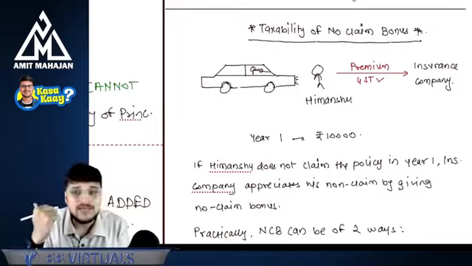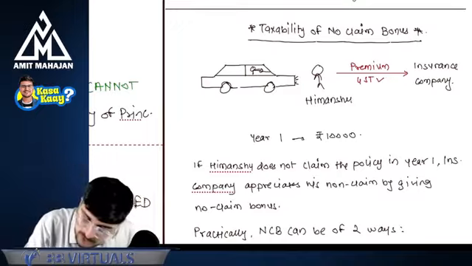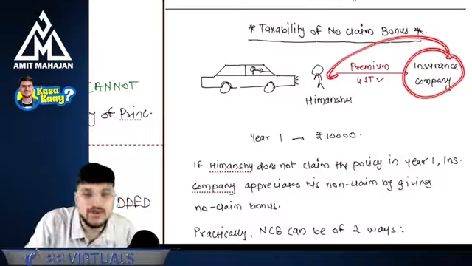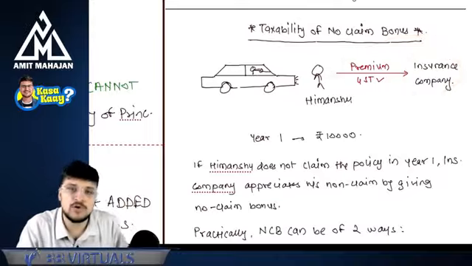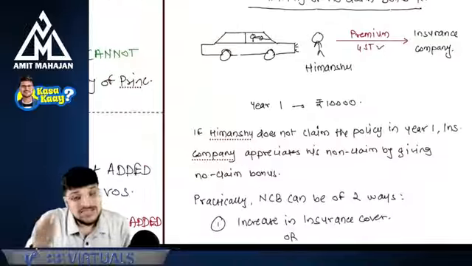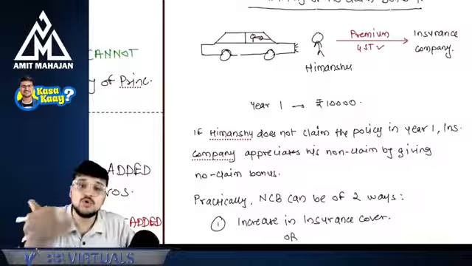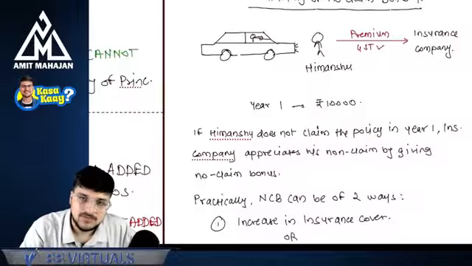Insurance company gets happy. Insurance company says, wow, amazing, there is no claim from insurance. And that's why the insurance company wants to give some kind of reward to Himanshu. And the insurance company says, Himanshu, since you did not claim anything in year one, we want to give you a no claim bonus. Okay.